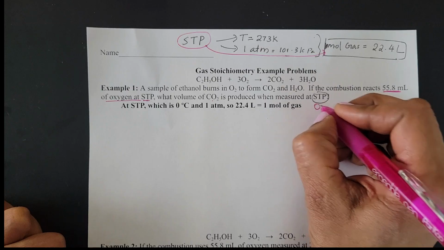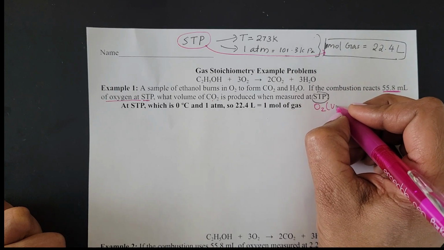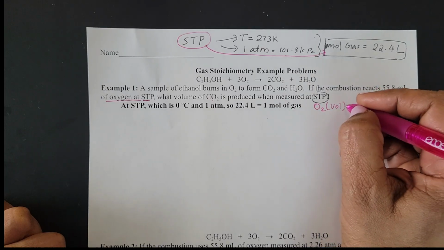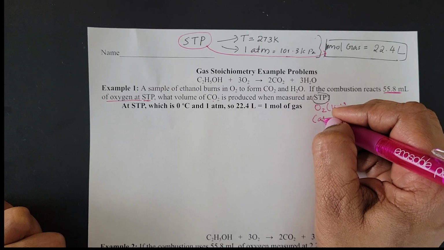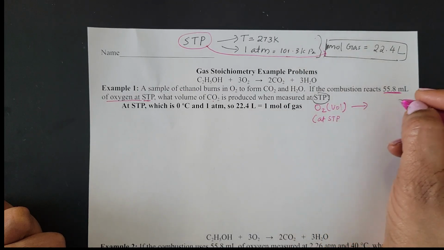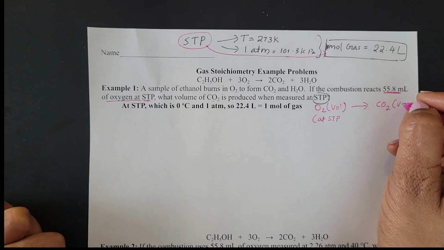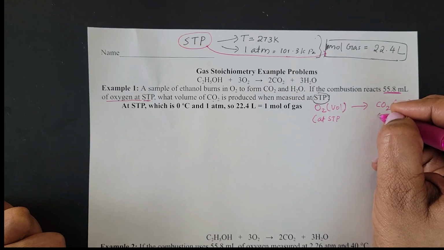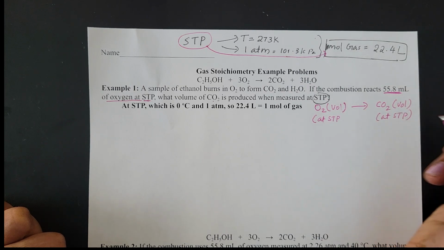The volume of oxygen is given, which is at STP condition. And you're looking for CO2, that is your unknown, and you're looking for the volume, which is also at STP condition. So that is the easiest type of question you are going to see.